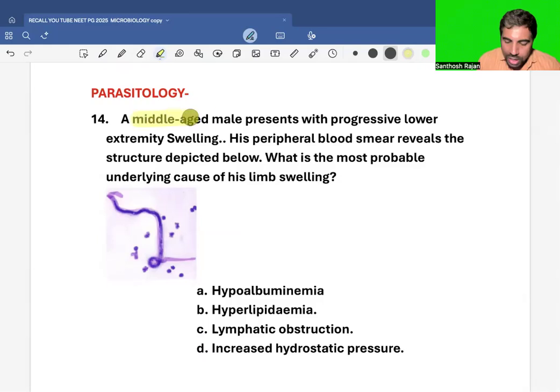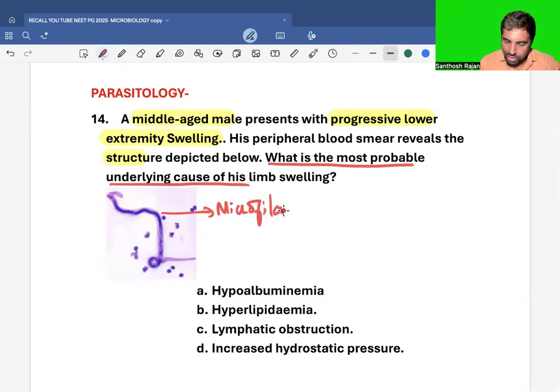A middle-aged male presents with progressive lower limb swelling. If I see this picture, my mind will go to elephantiasis only. This is a microfilaria you're seeing here. So what is the most probable underlying cause? See, in the tail there is no nucleus.